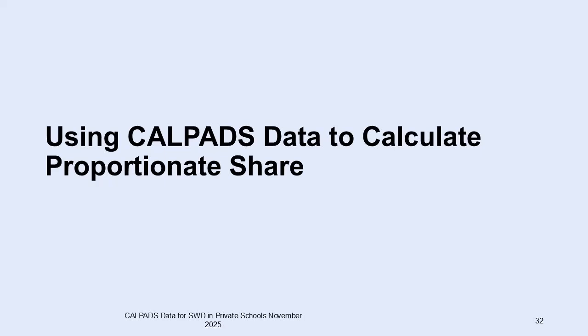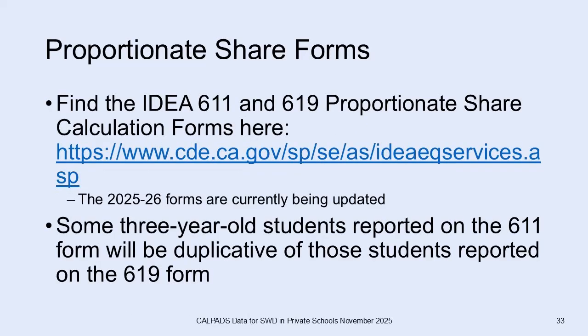Okay, let me go ahead and continue, and then I'll get to some more of these questions in a little bit. All right, so how do we use CALPADS data to calculate proportionate share? First of all, the calculations that LEAs do for proportionate share are found on the IDEA 611 and 619 proportionate share calculation forms.